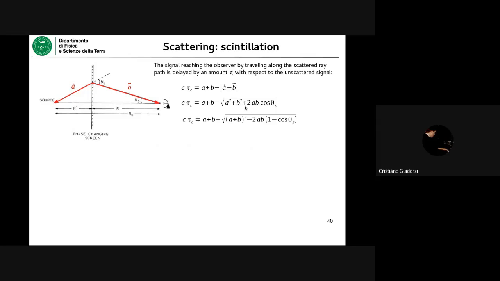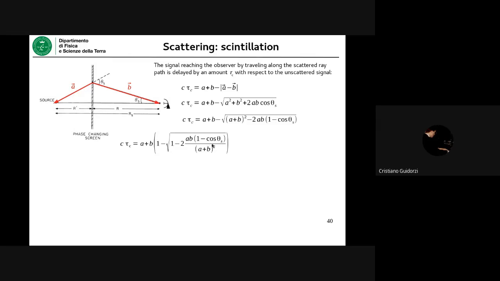Here I just added and removed 2ab, so you can build up the square, a plus b all squared, and then minus this guy here. And you can collect the term a plus b. So a plus b, open bracket, here you have 1, here you take a plus b squared out of the square root argument, so you have 1 minus 2, all this guy here over a plus b squared.